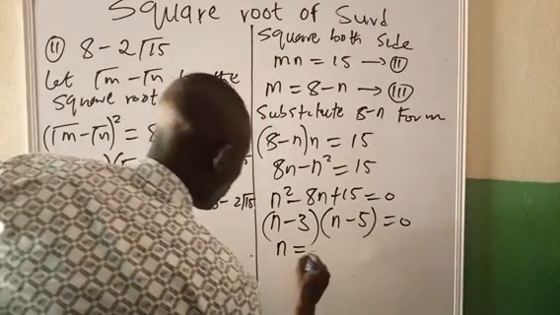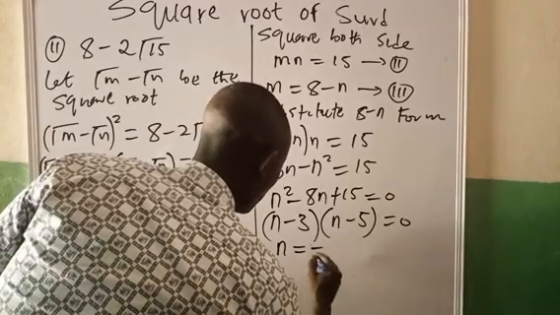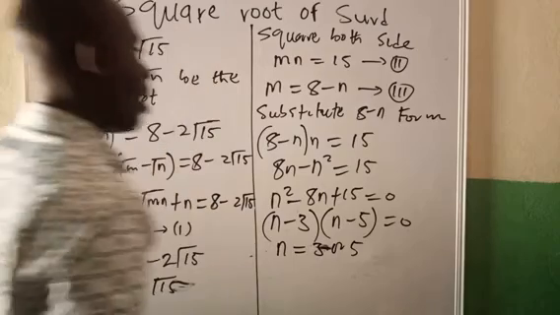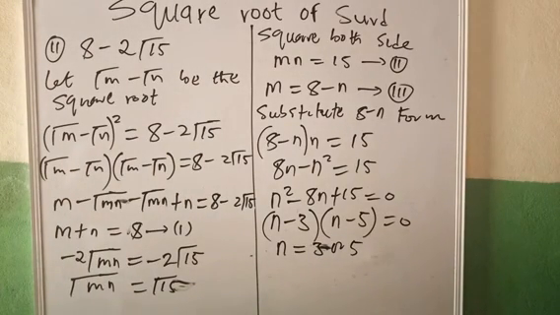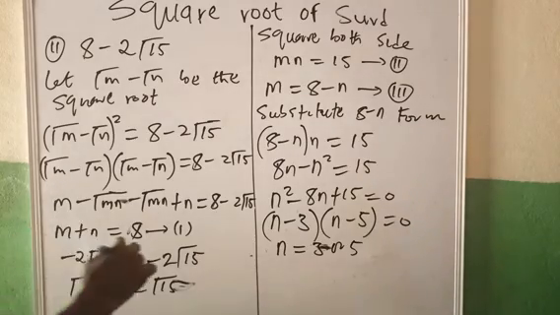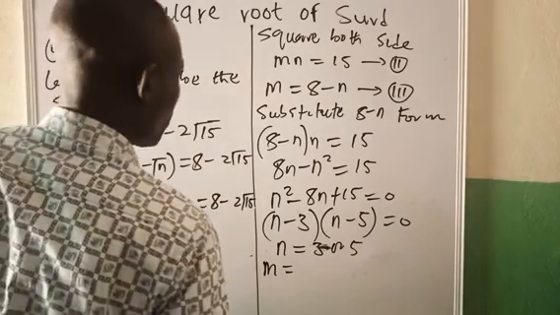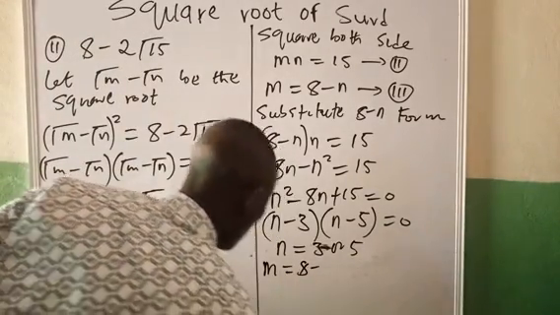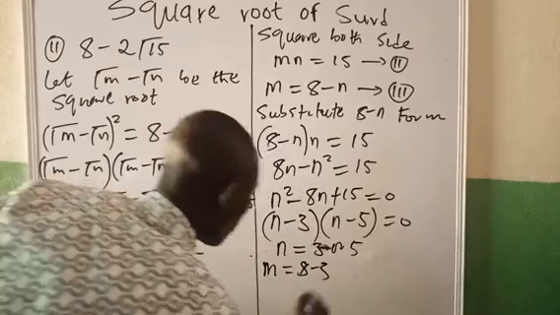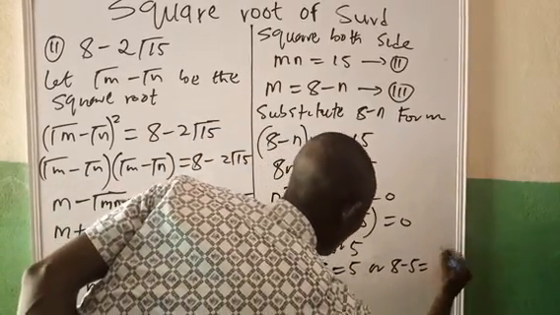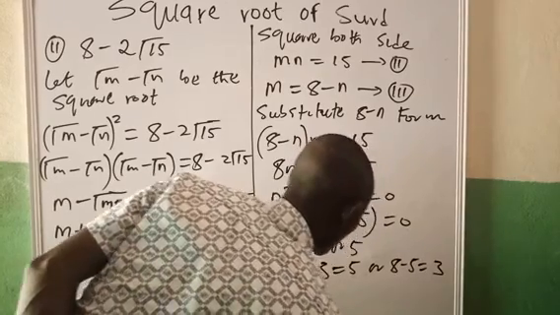So n is equal to 3 or 5. So, what about your m? m will be equal to 8 minus 3, which is 5, or 8 minus 5, which is 3.